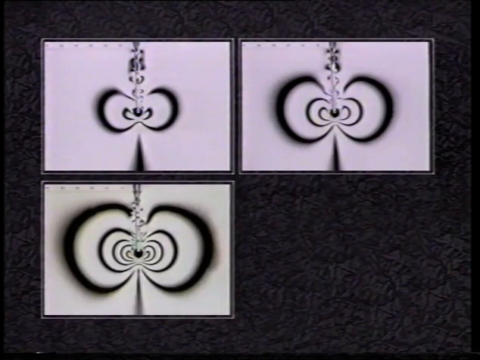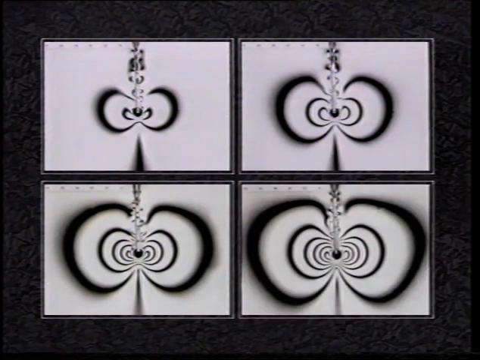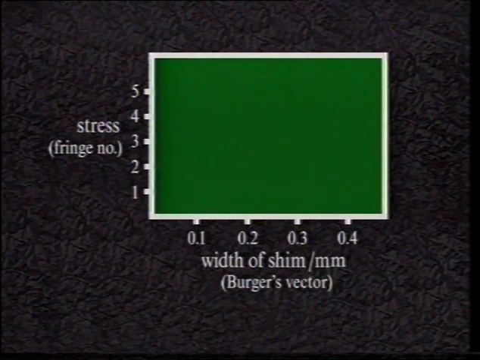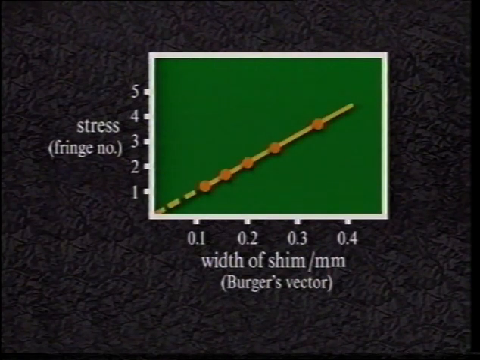We see that the number of fringes in the model increases with the size of shim used, and that the outermost fringe, that with n equal to 1, covers an increasing area. If we select a place with fixed coordinates relative to the center of the dislocation, and we measure the stress at that place in each model by counting fringes, we can plot a graph of stress versus shim size like this.